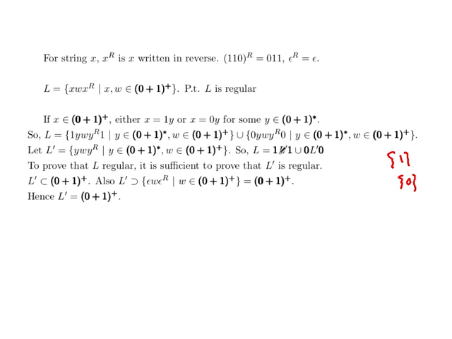So now what is this L prime? You see that this L prime is some string over 0 and 1, but some non-empty string, because this W itself is non-empty, right? So it's a subset of the non-empty strings of 0, 1.